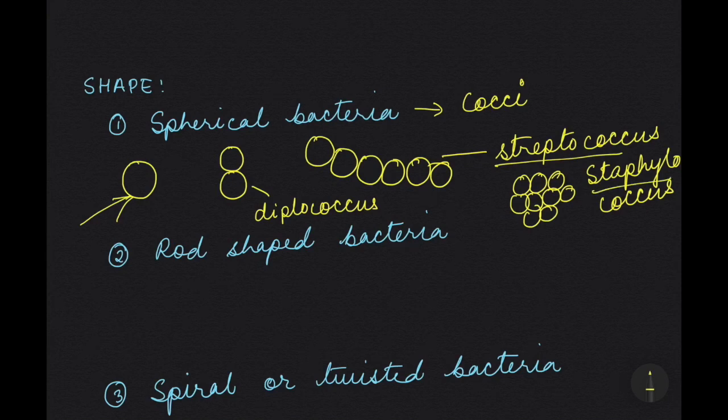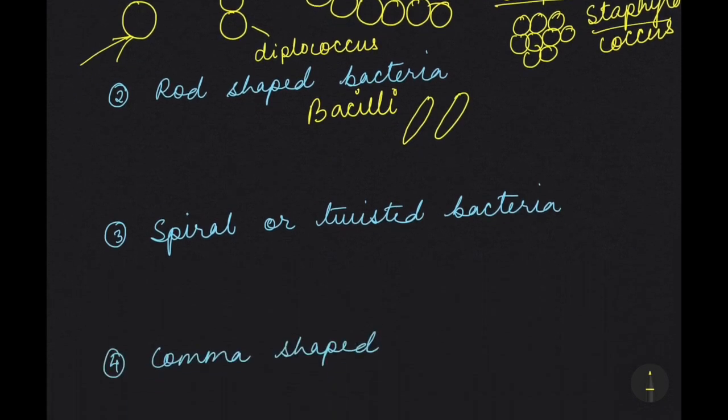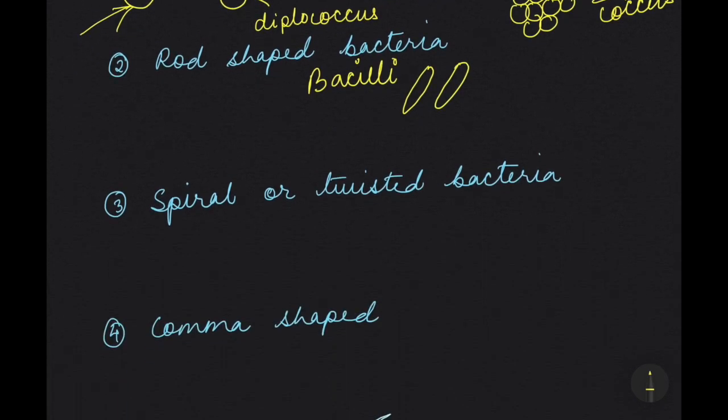Now next is rod-shaped bacteria. They are known as bacilli. Rod-shaped, in the shape of rods. Next is spirilla, or twisted. They are twisted or spiral in shape.